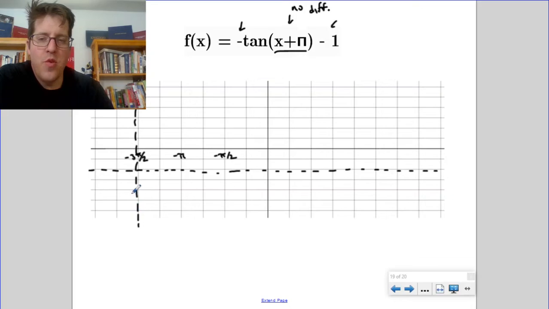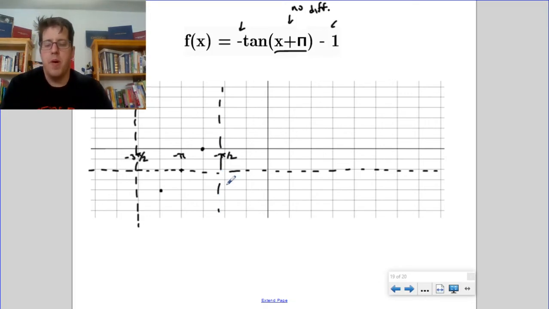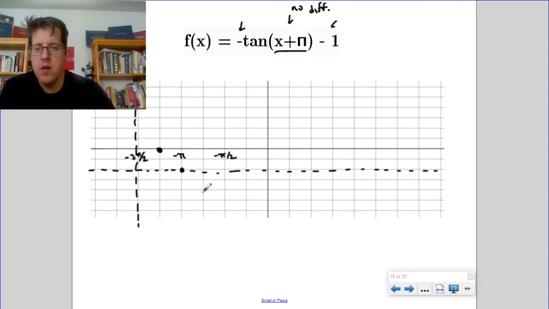Now, the way the graph would normally go is it would normally go 1 under, 1 on, 1 over, then an asymptote. But since this one is flipped upside down, it's actually going to start 1 above, on, below, asymptote, 1 above, on, below, asymptote.